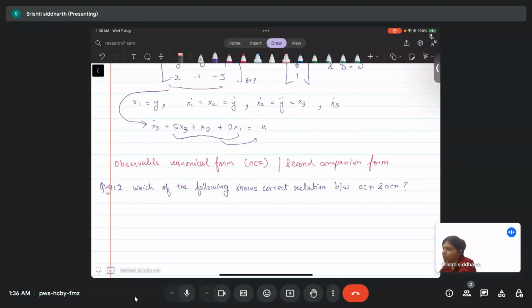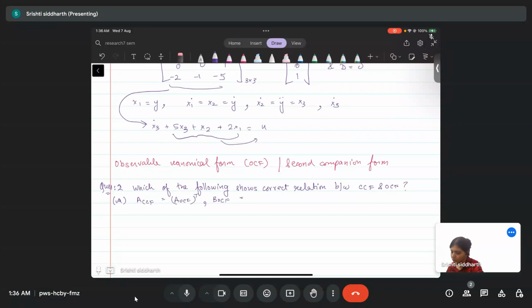So we have 3 options. The first one is that the A matrix for the CCF form is the transpose of the one obtained in the OCF form.